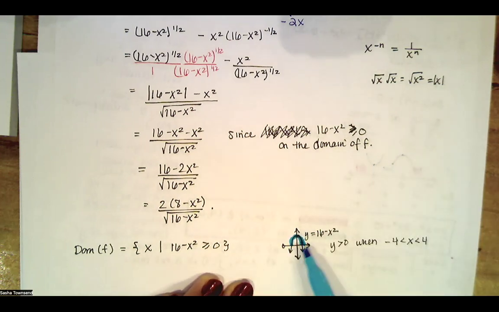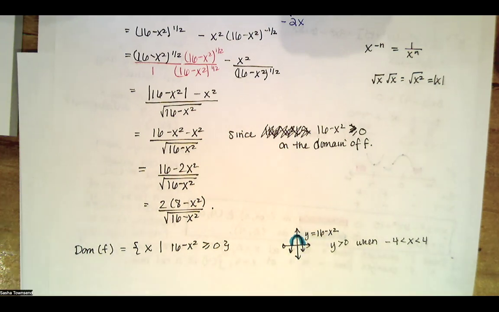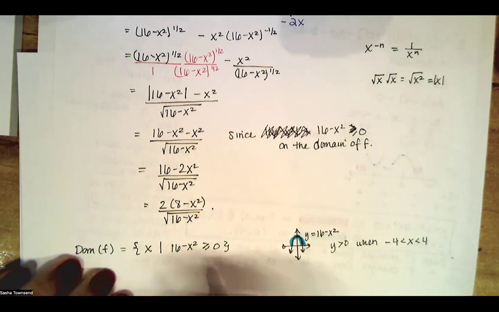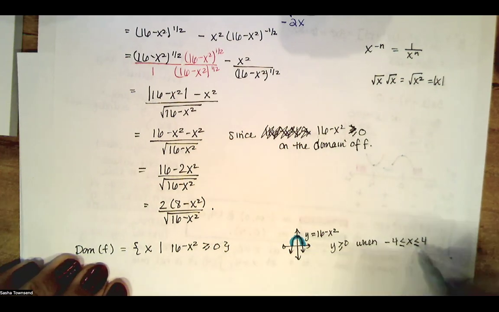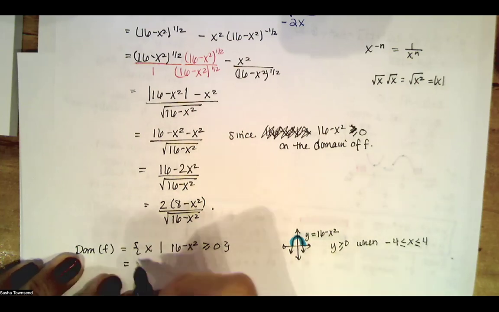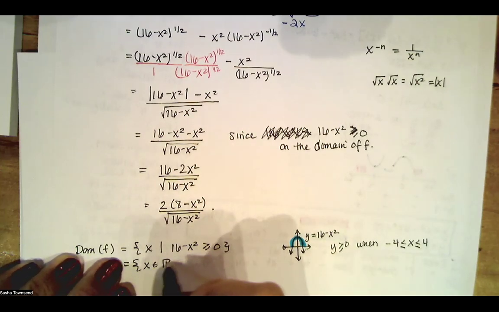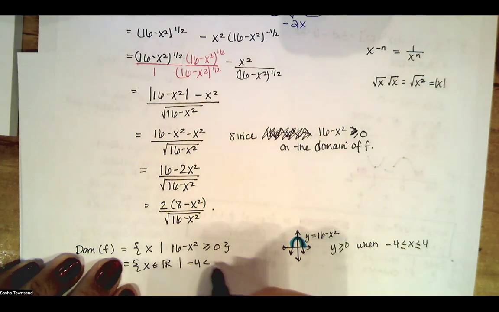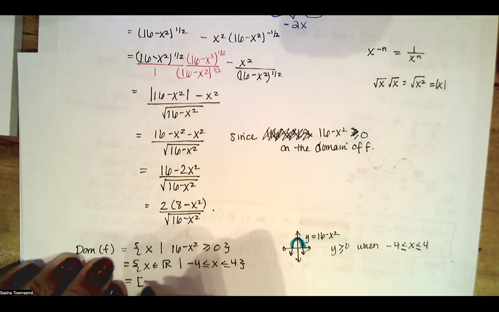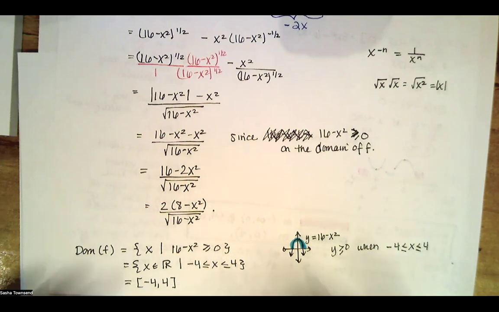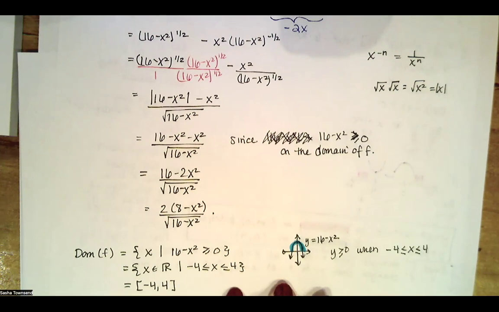Well, whenever x is between -4 and 4, because when x is -4 or 4, y is 0. And then y is larger than that for all x values in between. So this has as its solution set, if we want it to be greater than or equal to 0, we'll have equal signs there. The domain is the set of all real numbers x, such that x is between -4 and 4. Or we can write this as the interval from -4 to 4. Okay, so that's our domain.